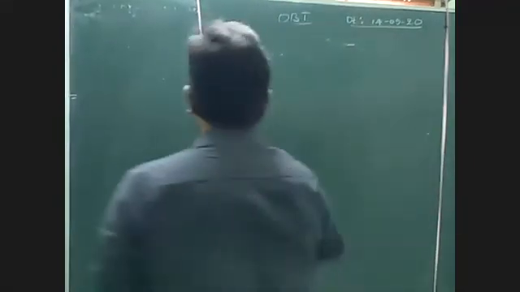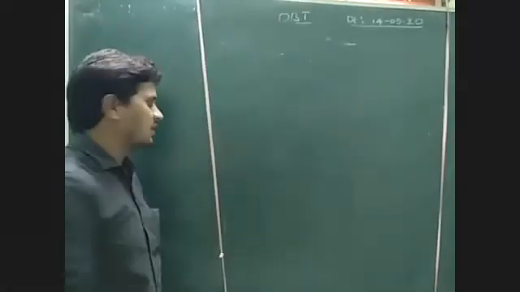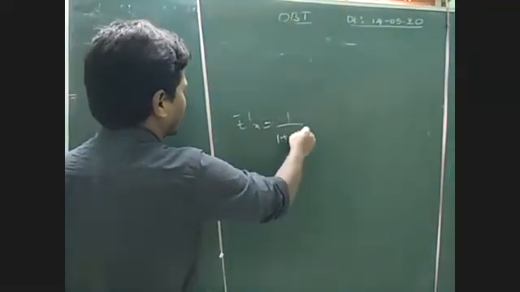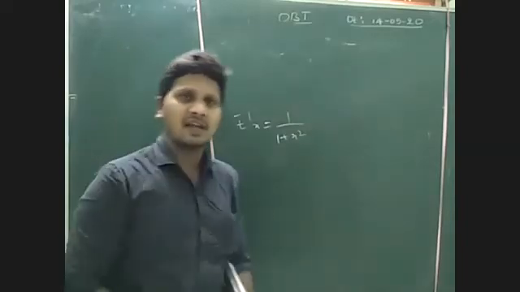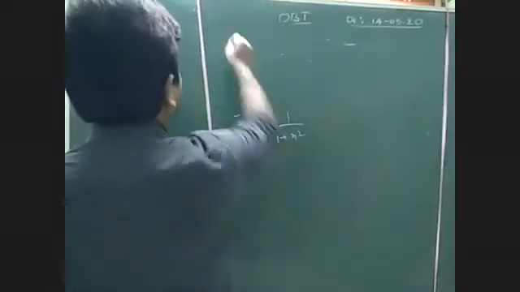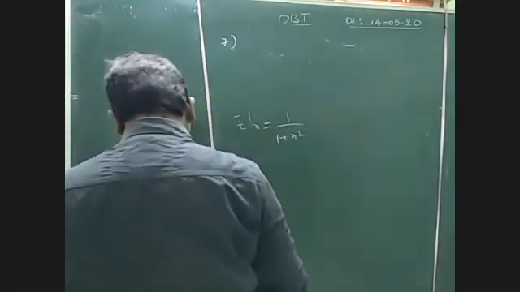What shall we do? Can you differentiate directly? What is the derivative of tan inverse x? It is 1 by 1 plus x square. Can you differentiate directly? It is so difficult. So secant x is given. 7th question. Remaining questions are easy only.